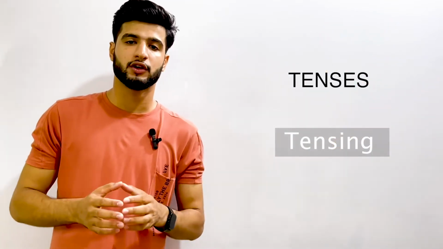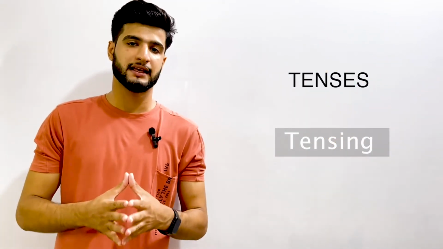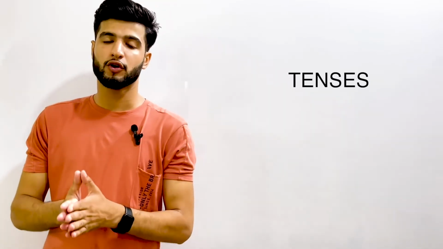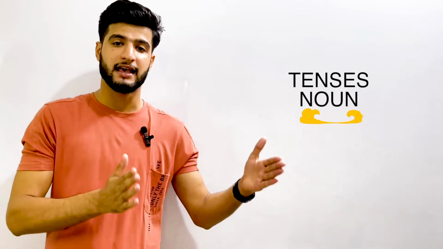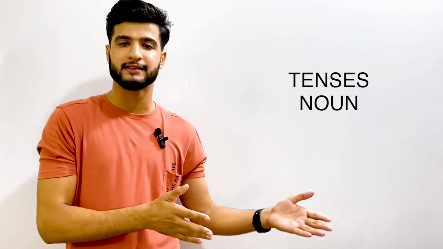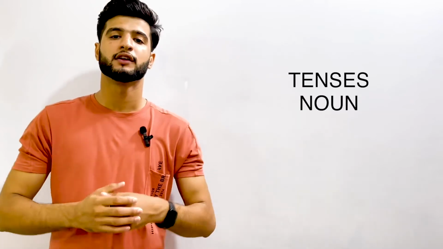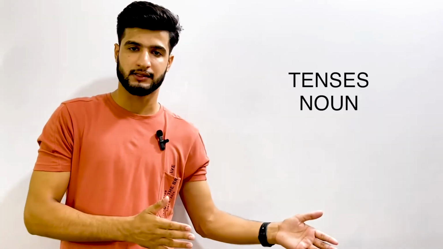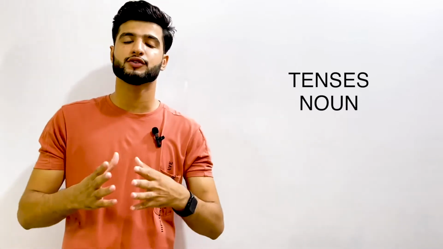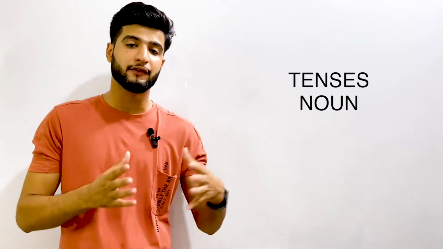In today's video, we are going to study the introduction of all the tenses. So we are going to study tense as a noun. Referring to English tenses, we have three major tenses. Why? Because most people say that we have 12 tenses.